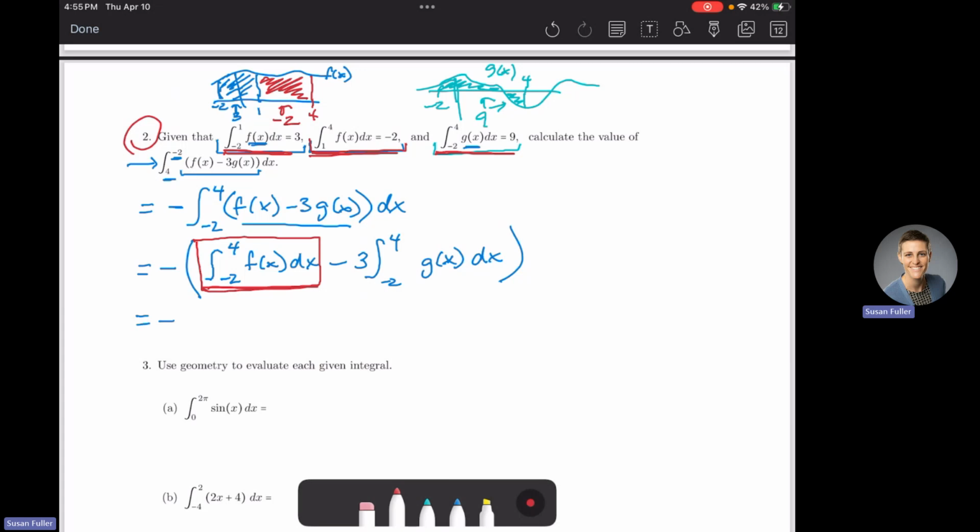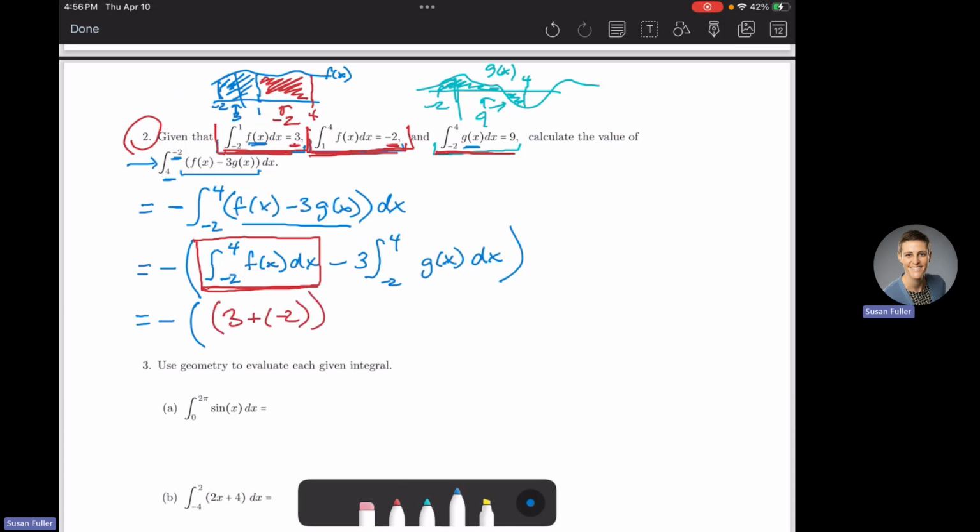Well, I'm just going to add the two areas that I have. This one is the area from negative 2 to 1, and this is the area from 1 to 4. If I add those two together, I'll get the total area from negative 2 to 4. So I'm going to make this 3 plus negative 2. If I add these two pieces together, that's the total area.